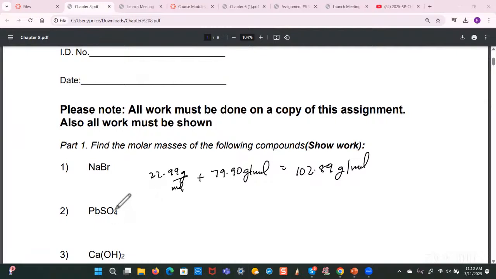Now, of course, in the case of something like lead 2 sulfate, let me do that one. Lead has a molar mass of 207.21, according to the periodic table here. Plus sulfur, which is 32.07.